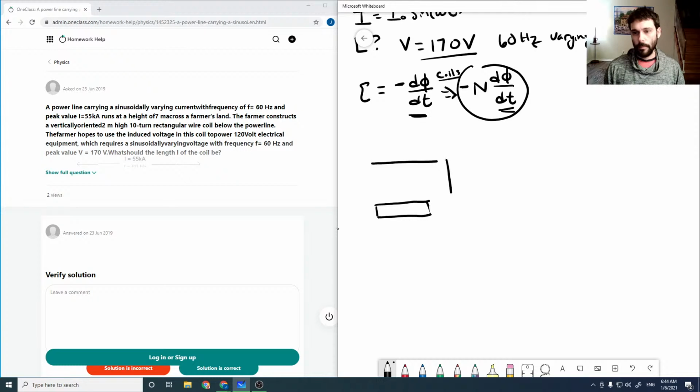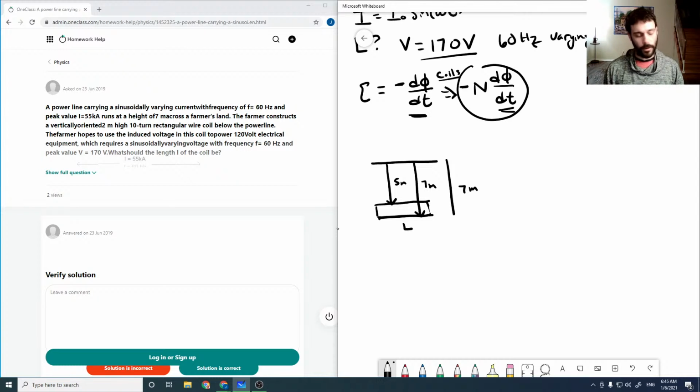But here's my line, which is 7 meters high. And I'm going to get a B field at the very tip, which is at 5 meters. And I'm going to also get a B field that's at the very base, which is going to be 7 meters. Okay? Now, the length is L.